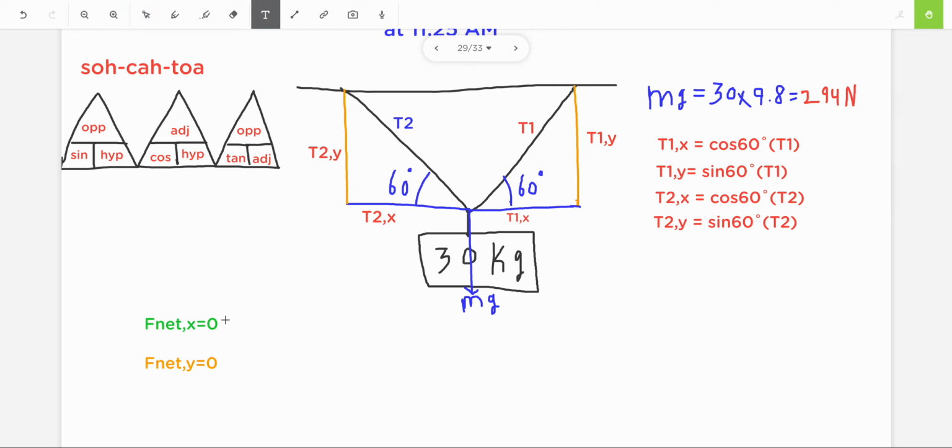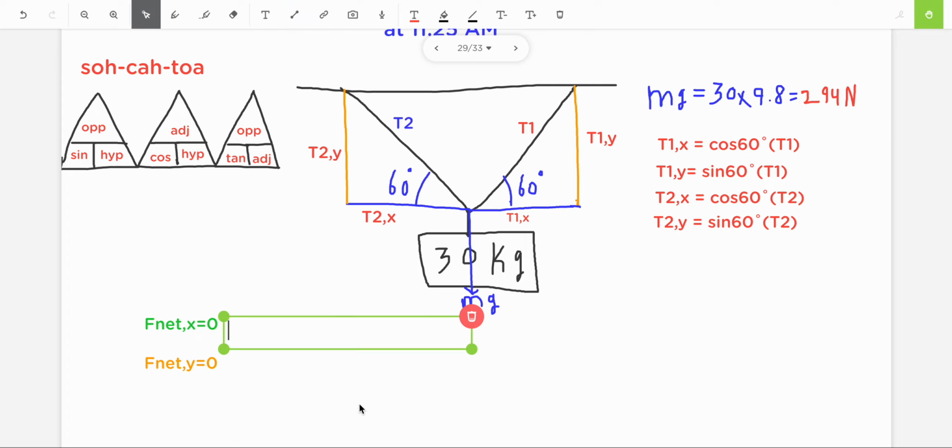So let's write the equation of F net x, which is T1x minus T2x is equal to 0.